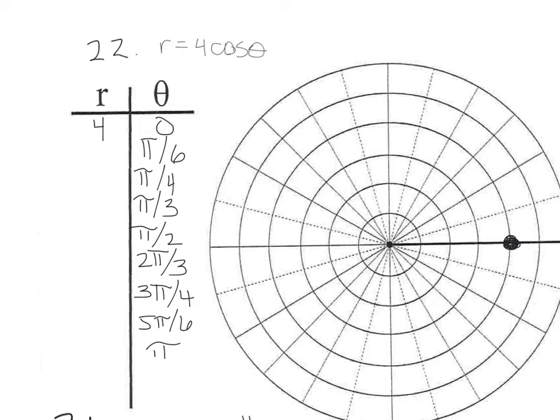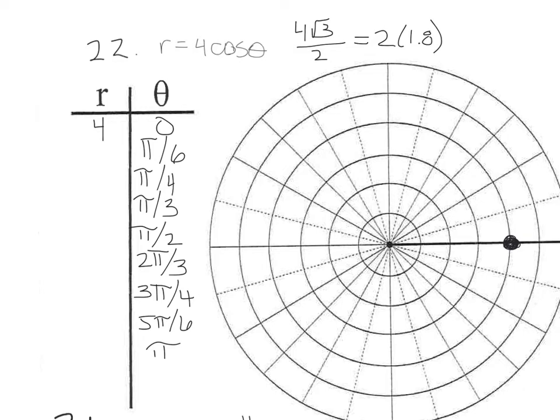Next we have pi over 6. So we take the pi over 6, plug it into theta. Cosine of pi over 6 is going to be root 3 over 2, so we have 4 times root 3 over 2, which will look like this. And then 4 divided by 2 is 2, so we have 2 root 3. And so now we have 2 times root 3, and root 3 is about 1.8.